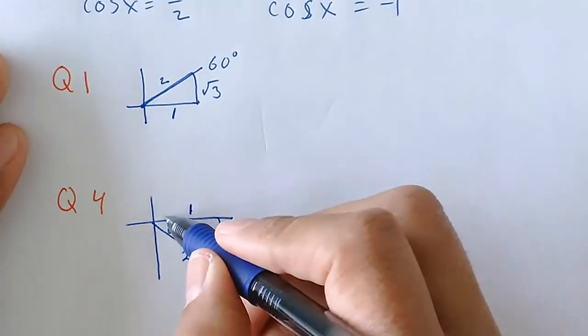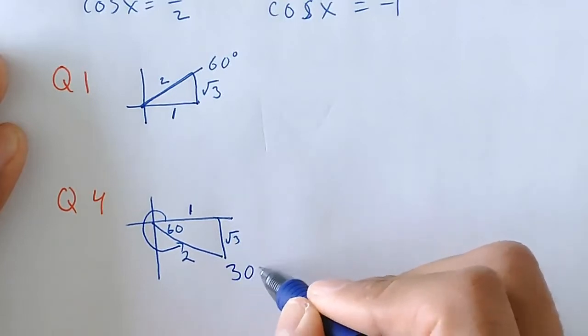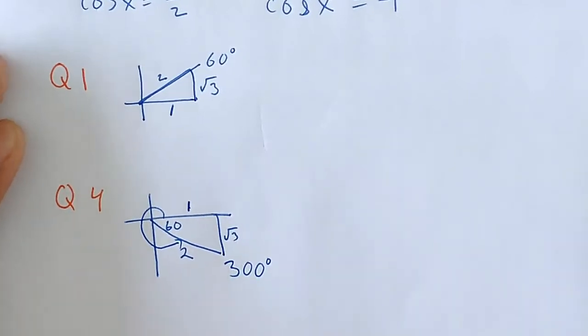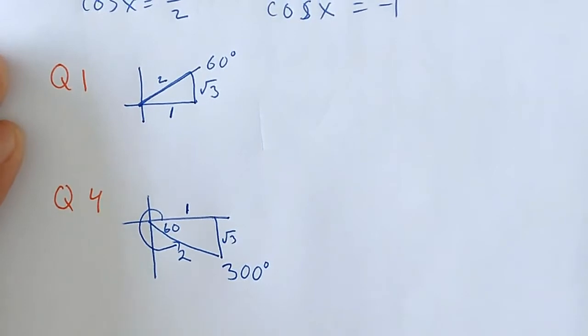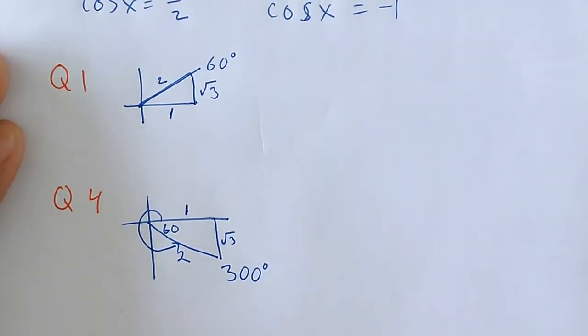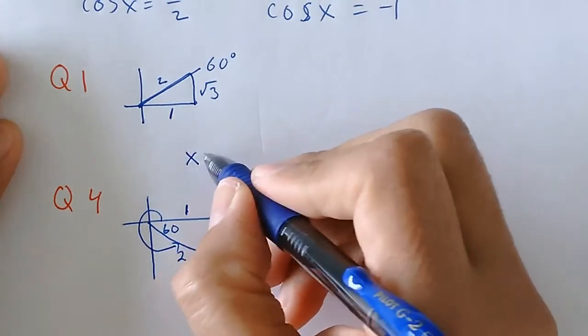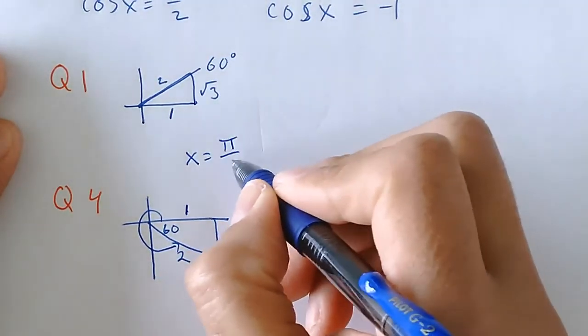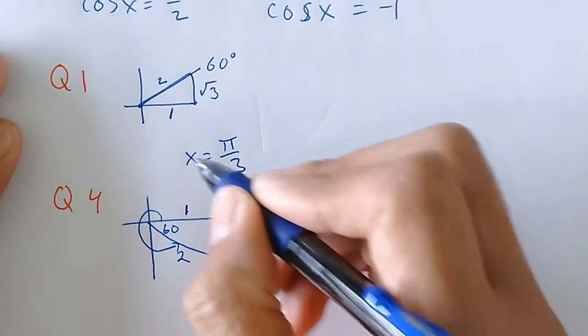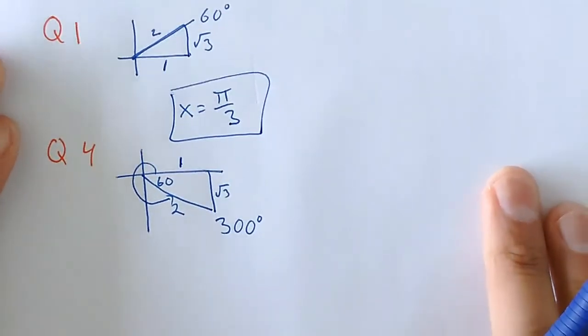Okay, so let's talk about this one. Well, maybe we should convert right now. 60 degrees, 300 degrees, convert to radians.